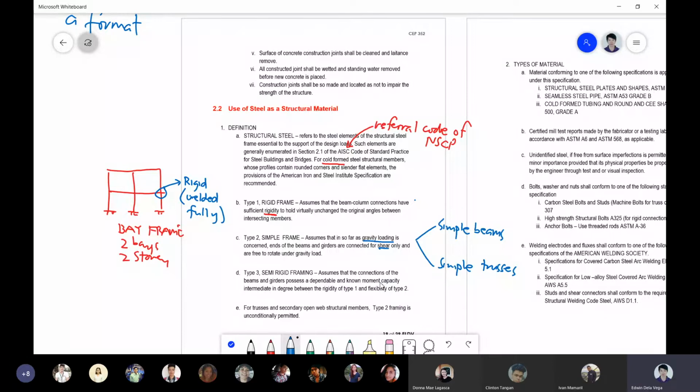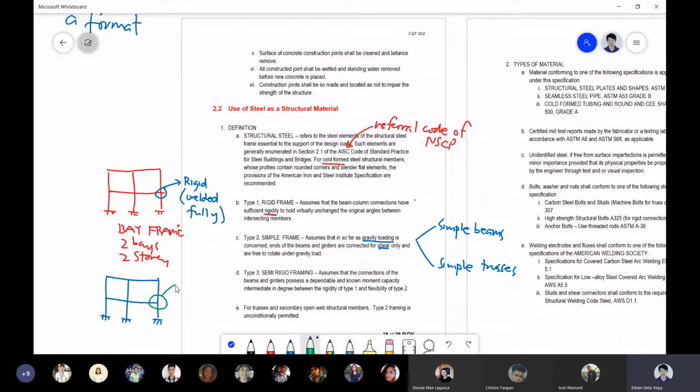So for type 3, we have the semi-rigid framing, which is in between the two. So let's say a semi-rigid framing is such that your bay frame has some connections wherein the connections are not rigid.